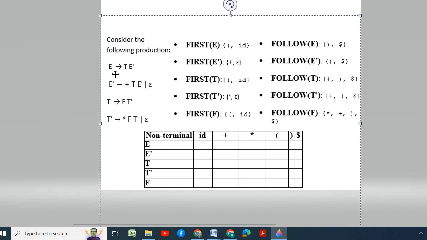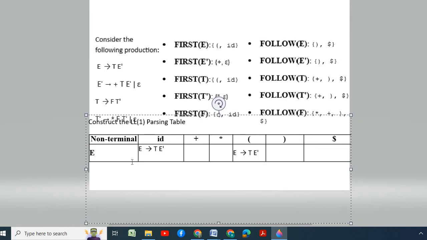So for the first production E tends to T dash, the first of E is open parenthesis and ID. In open parenthesis and ID, we have to write E tends to T dash.